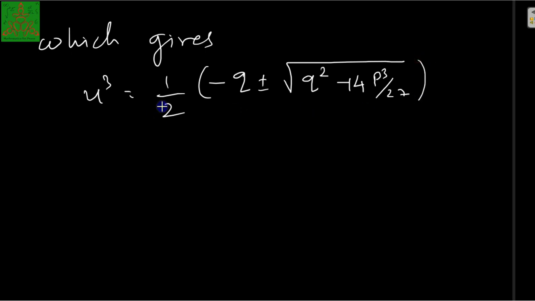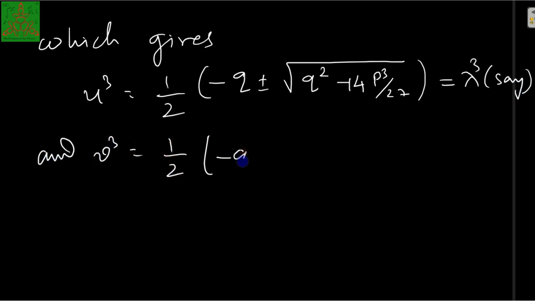I will call this lambda cube, let's say. And v cube you will have in the similar manner, 1 by 2 of minus q minus the square root, so this will be minus q minus square root of q square plus 4 p cube by 27.